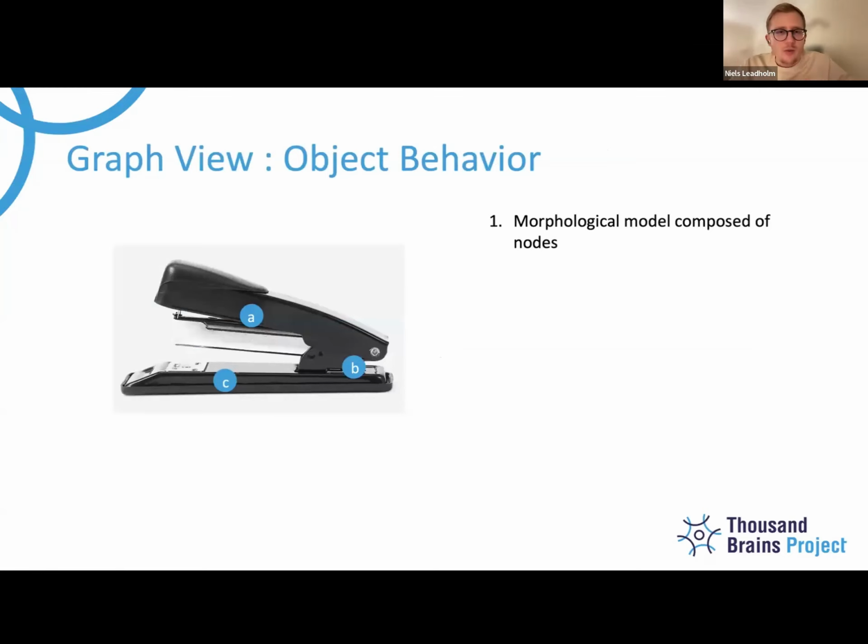In terms of how we might represent object behavior, one way you could frame it is this graph view, where we have a morphological model of an object, which is a series of nodes. Those nodes are locations, not features. It's a continuous space, so it's not like there's three nodes or something.